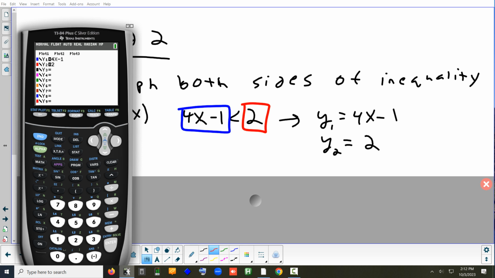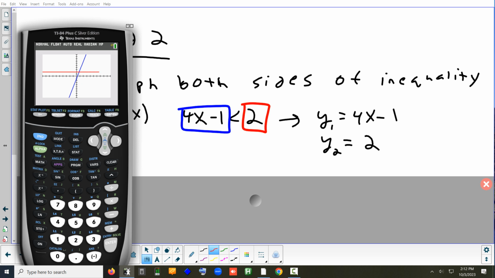All right, so we're going to graph them. But we're going to look for where the blue graph is under the red graph. That's what we want to know this time. So we're not looking at a 0 because it doesn't have 0 on one side. We're looking for where the blue is under the red. So there's the blue.